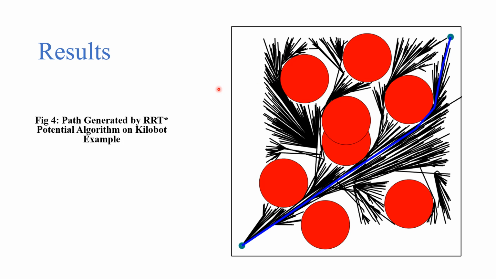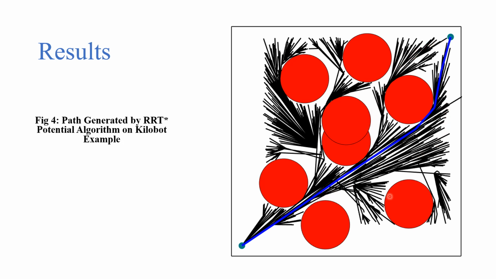Now to the results. Here on the right, you can see the figure that shows us the results of applying the RRT star potential algorithm on our example. Now, as usual, we can see that the algorithm achieved an optimal or a near optimal path, which is quite expected since it depends on the RRT star algorithm. Now, one thing to actually notice is that the edges in this region are all biased towards the goal.